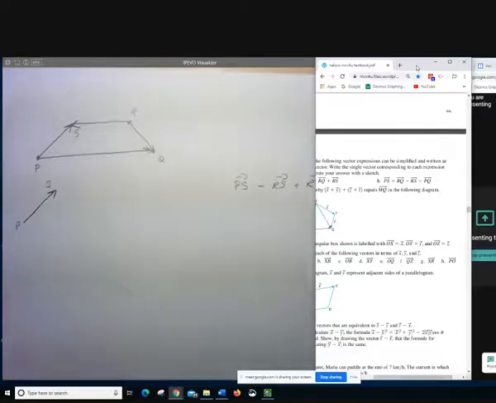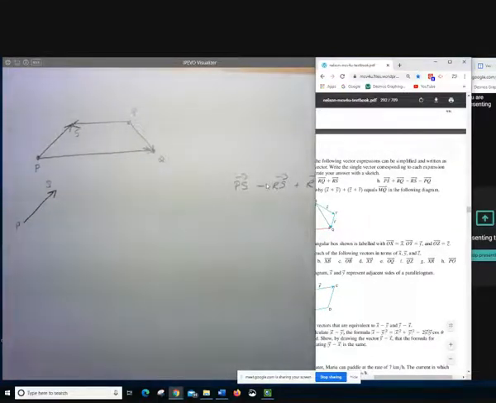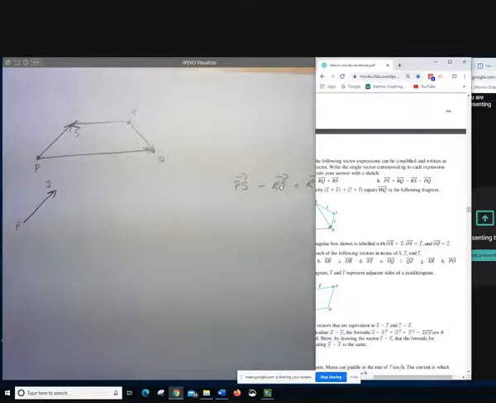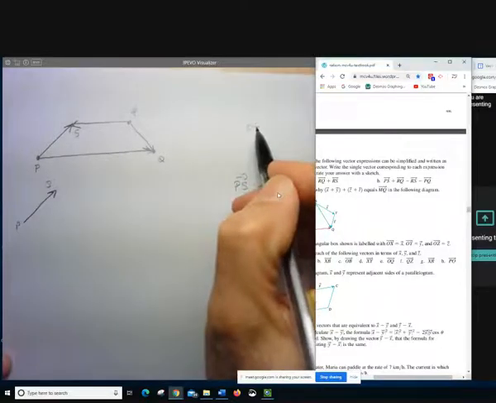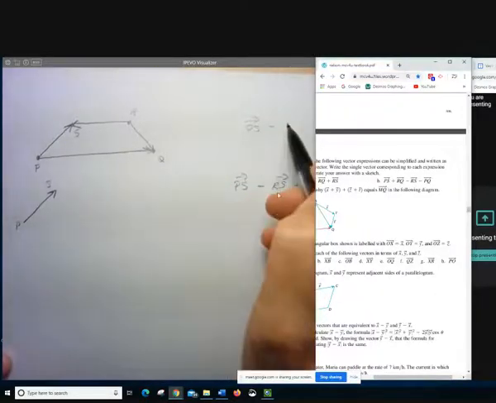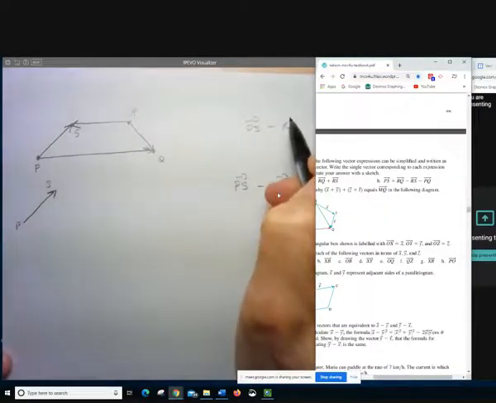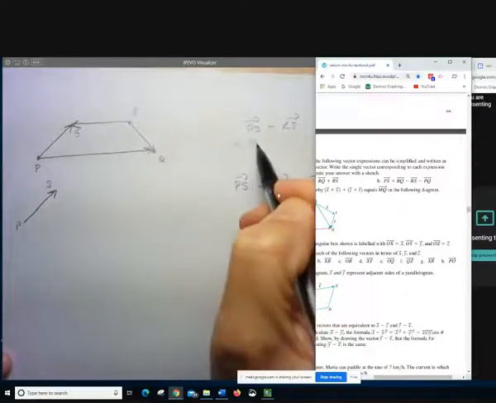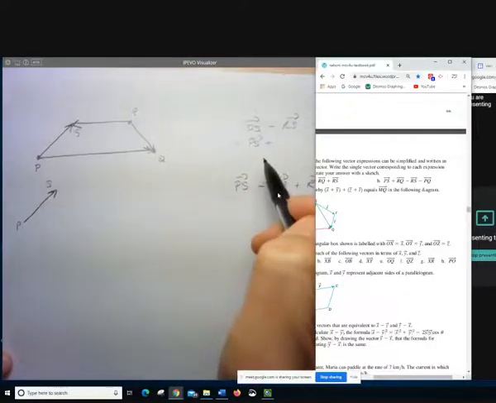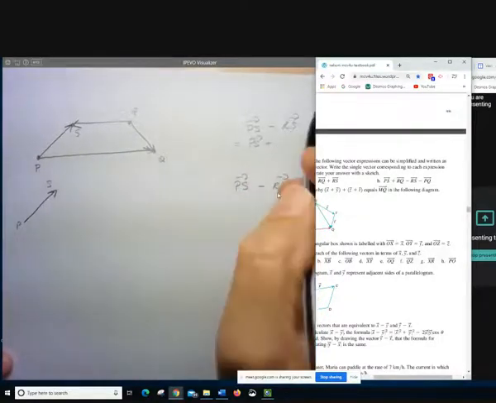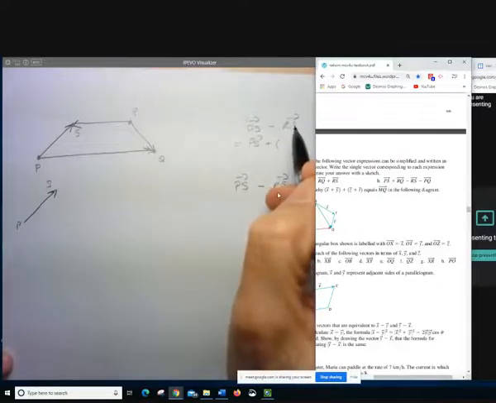Yeah, very good. Use the fact that subtracting a vector is like adding the opposite. So PS minus RS is the same as PS plus the opposite of that. Okay, and what is the opposite of RS?